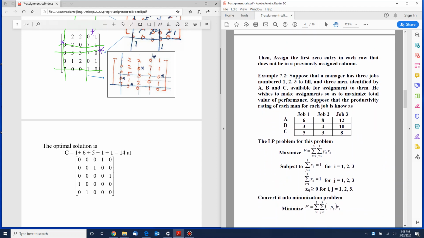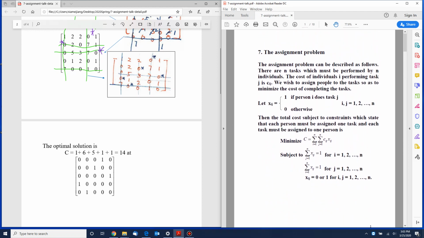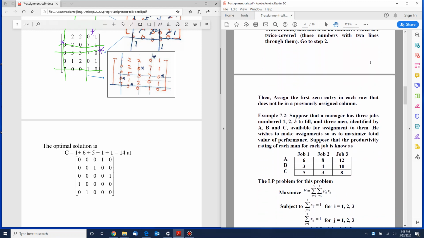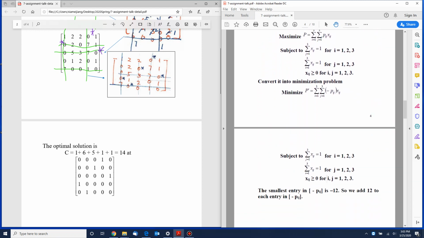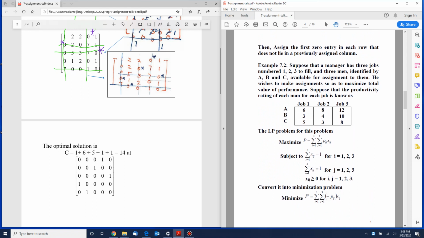And please pay attention here. When we talk about the assignment question, we want to minimize the cost, right? But sometimes we want to maximize the performance.